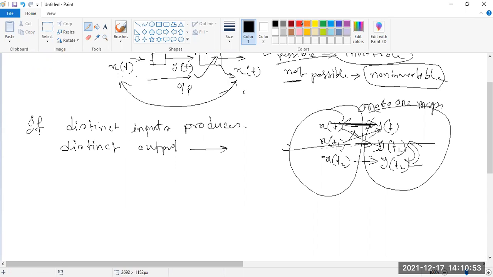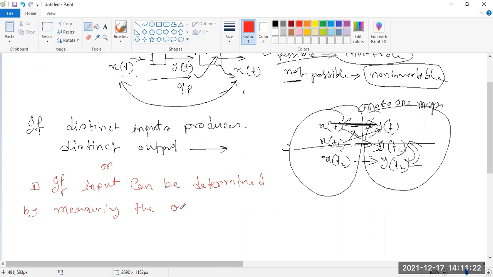Another statement: the input can be determined by measuring the output. Means if you get this output, then if you invert, we get the input.